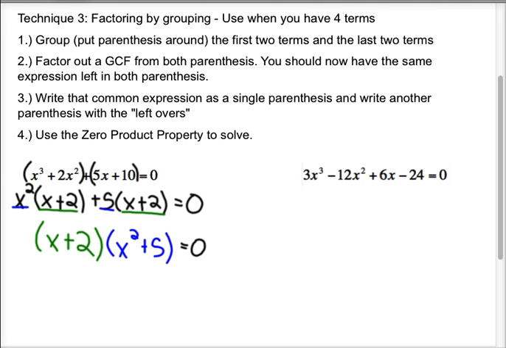So something that's not too difficult, however, just a new way of thinking of this factoring process. All right?